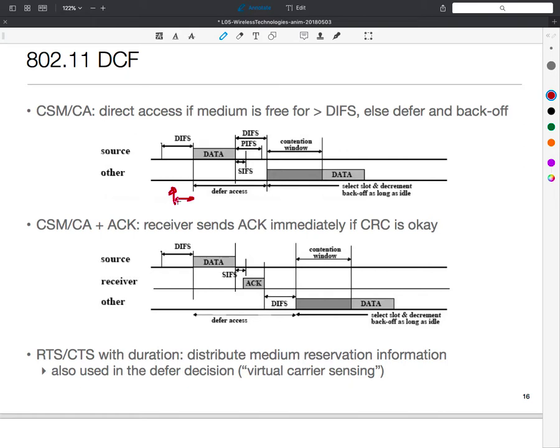In particular, the receiver has to generate the ACK packet within the SIFS period. And after the ACK is over, anyone who was waiting will hopefully see the channel free for DIFS, and then again do that same additional stochastic wait before transmitting the data.